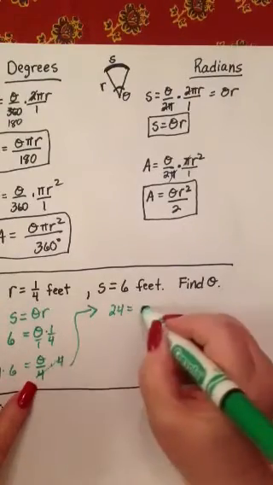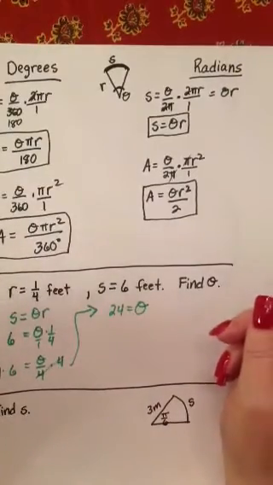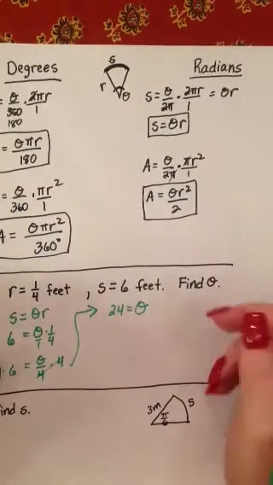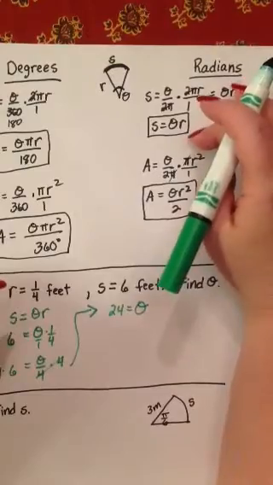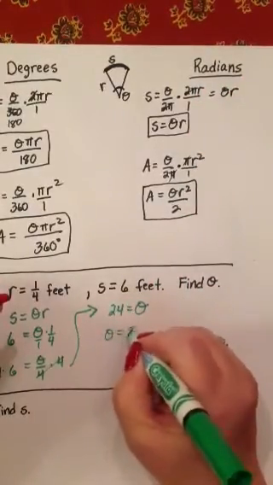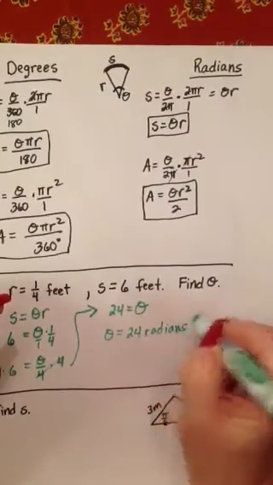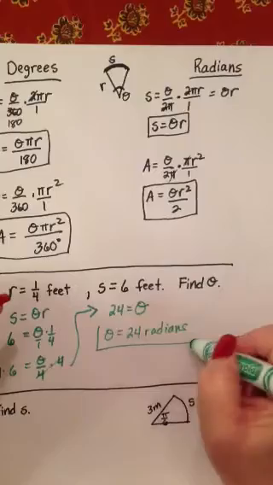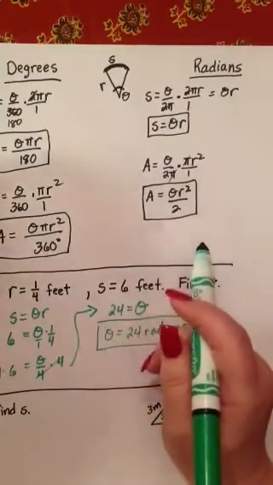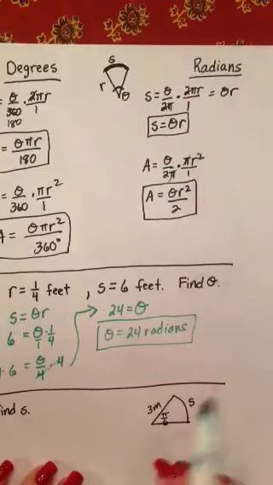And here the 4's cancel, so that's theta. Now, it just says theta is 24. Is it going to be degrees or radians? Well, I used the radian formula, so it's going to be radians. So I could say theta is equal to 24 radians, because I used the radians formula. If I had used the degree formula, would my answer come out in degrees? Yes, but I chose the easier one, so that's how I got that.